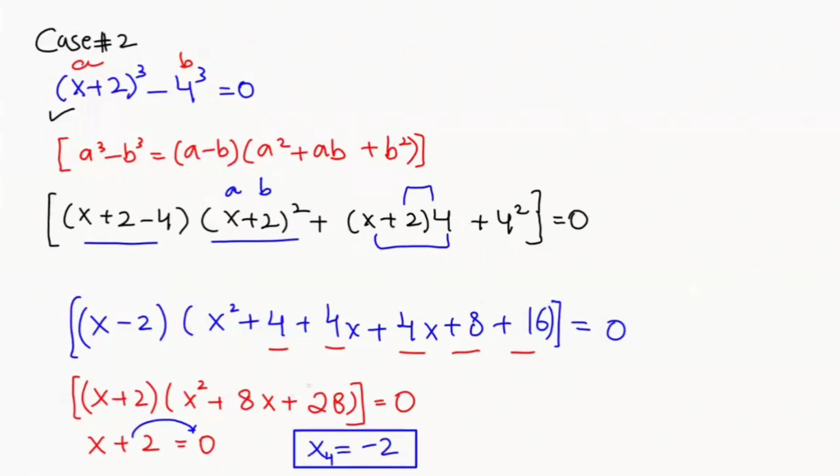Now we're going to solve this case. X squared plus 8x plus 28 is equal to 0. Here we have the a, b, c values: a is 1, b value is 8, and the c value we have is 28. Now I'm going to solve this by plugging the a, b, c values into the quadratic formula.